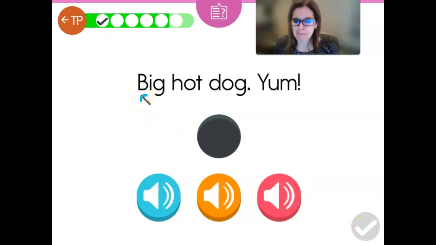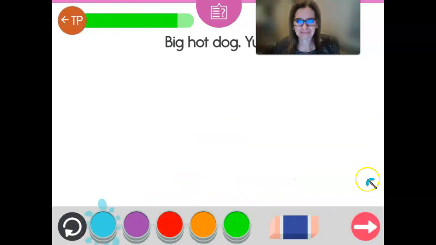I see the spellings for big hot dog. Yum! With that exclamation mark. Let's listen for that. Big hot dog. Yum. Now on this picture, it says you read the sentence and then you draw a picture.